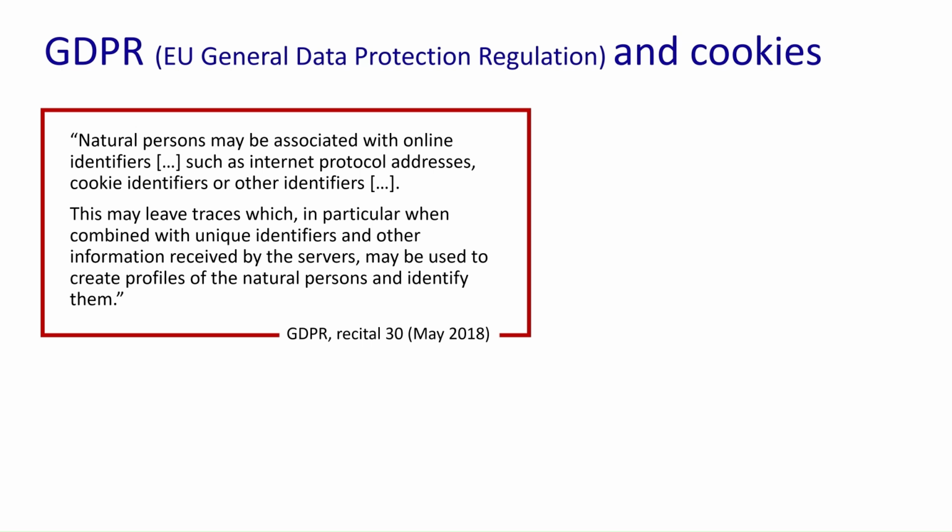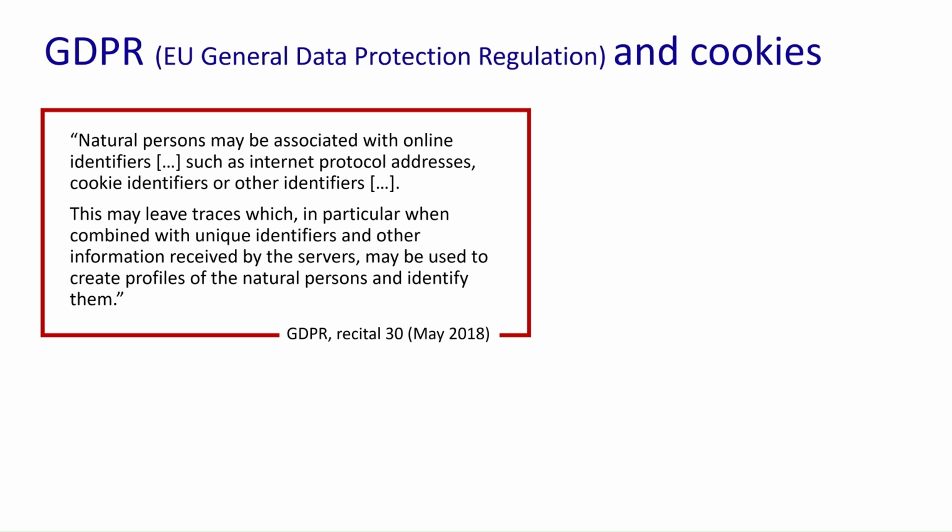But it is very important to read and see what we did in response to this. This is the EU's General Data Protection Regulation, which we call GDPR, and its take on cookies. Let me read it, it's very important to understand this. "The natural person may be associated with online identifiers such as internet protocol addresses, cookie identifiers, or other identifiers." So what this says is that we are identified by our IP addresses or by our cookies or other identifiers.